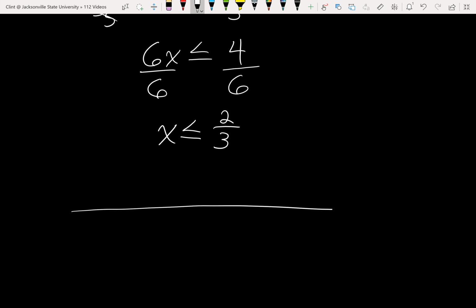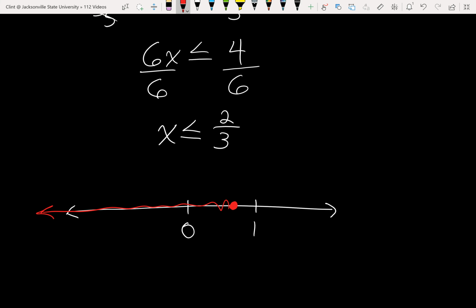On our number line, we say this is 0 and this is 1. 2/3 is going to be most of the way, 2/3 of the way toward 1. We have a closed circle because it was or equal to. And then it says x is less than that, so we're going to shade to the left.